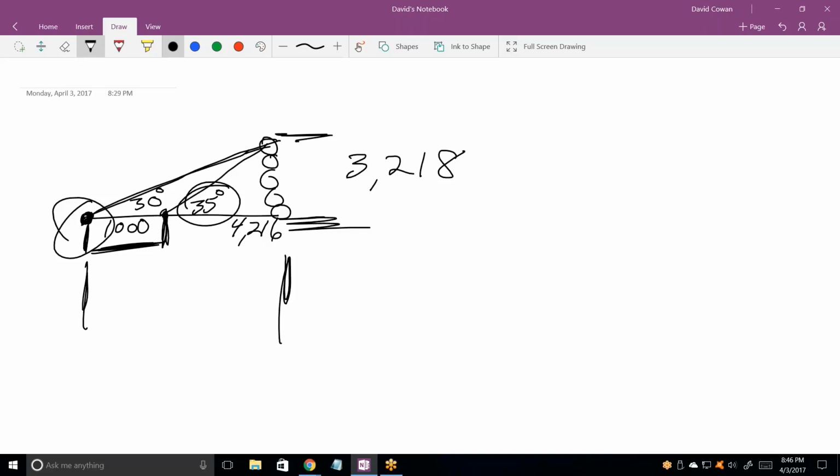So they had that equipment, even though they had no idea how far they were away. They just go any distance they want. Doesn't have to be 1,000 feet. It could be 500 feet. It could be 5 miles. Then take another reading. You get a 35-degree angle. It's all the information you need to know how far away from Pikes Peak you are and how high Pikes Peak is. Pretty cool.